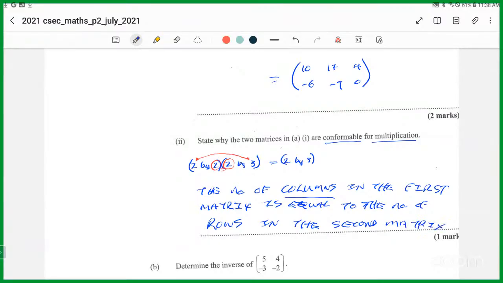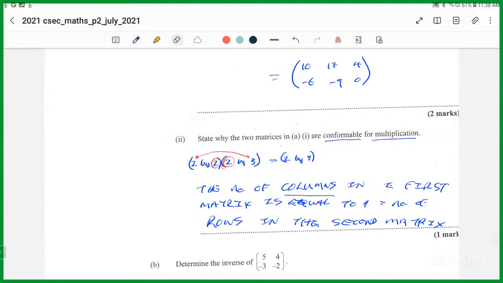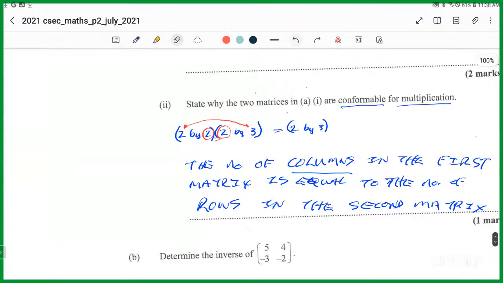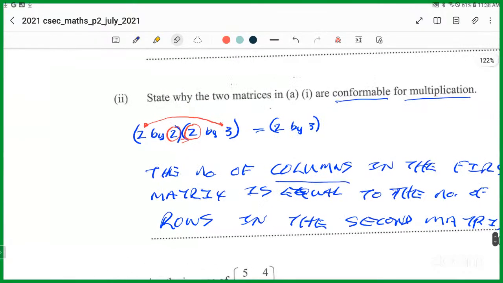That's why it is possible. Do you understand that? Are you good with that? Yes, sir. Alright. That is why.